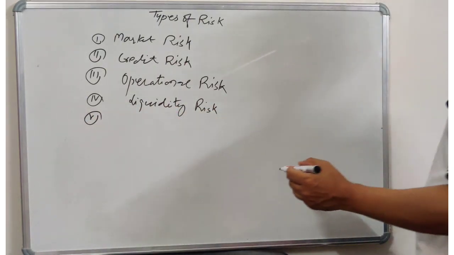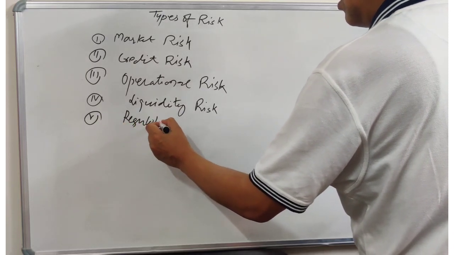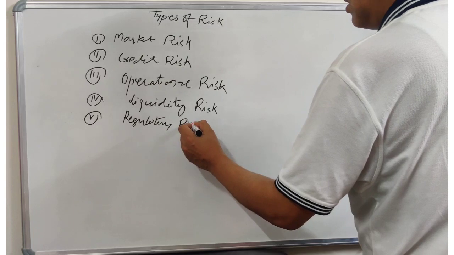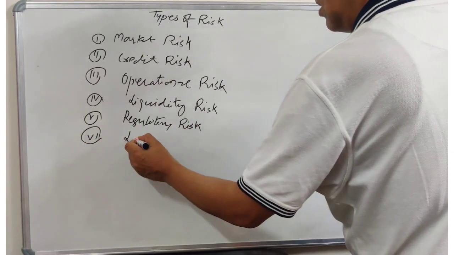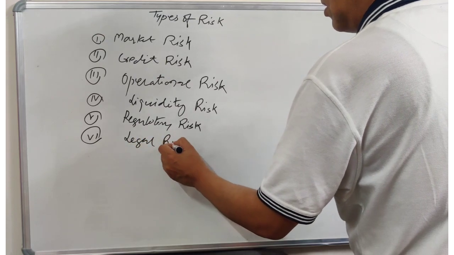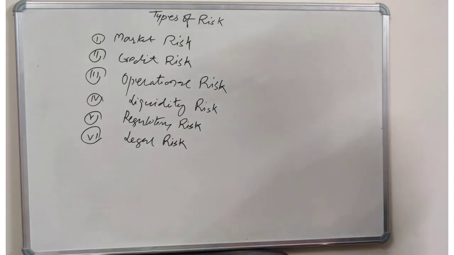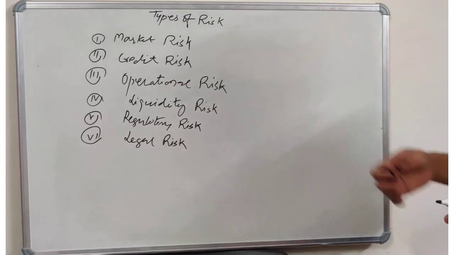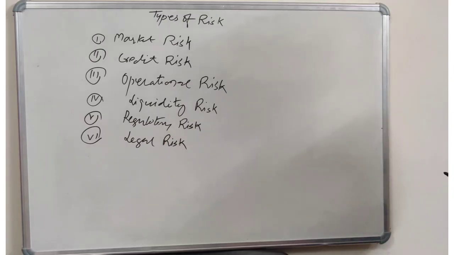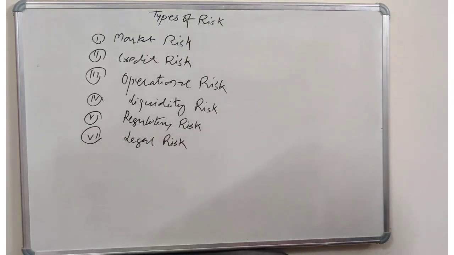Then we can say regulatory risk. And we can have legal risk. So these are the 5-6 major risks; when we indulge in any kind of transaction, this kind of risk potential is there. So let me discuss today market risk and credit risk, and if time permits the other risks as well.